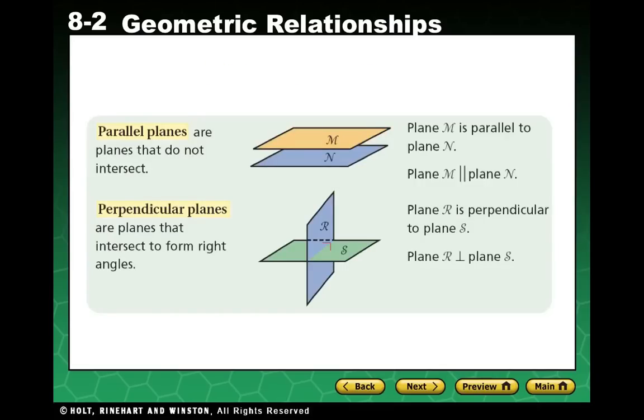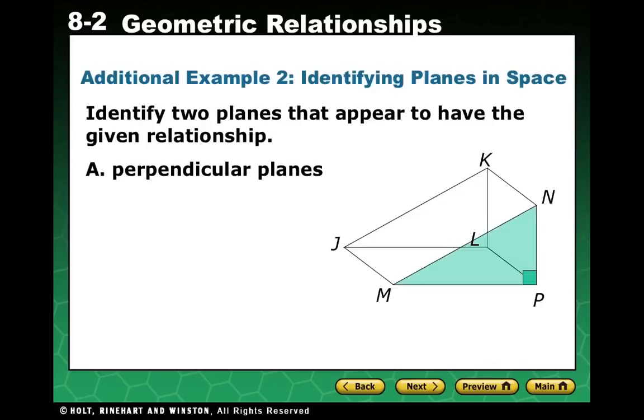All right, parallel planes, similar to parallel lines, are planes that do not intersect. They're always equidistant from each other. Perpendicular planes are planes that intersect to form right angles. So we're looking for perpendicular planes. So we see that marking to show that there's a 90-degree angle at angle NPM.